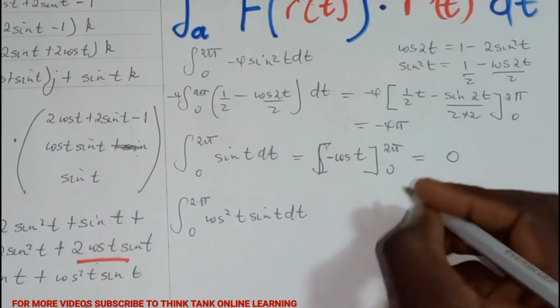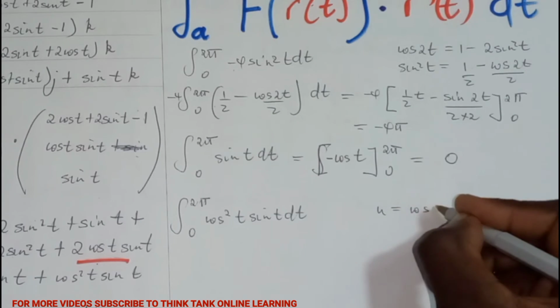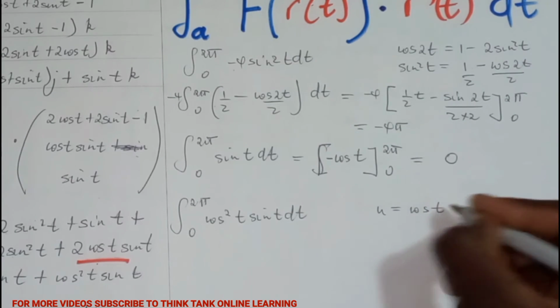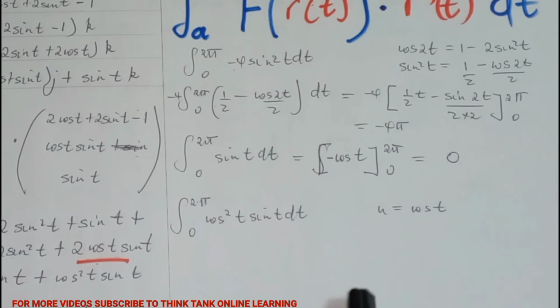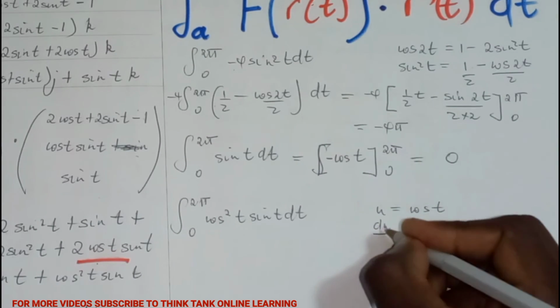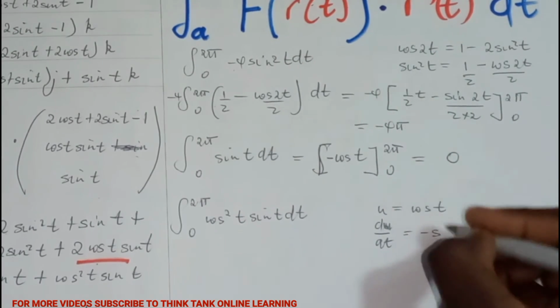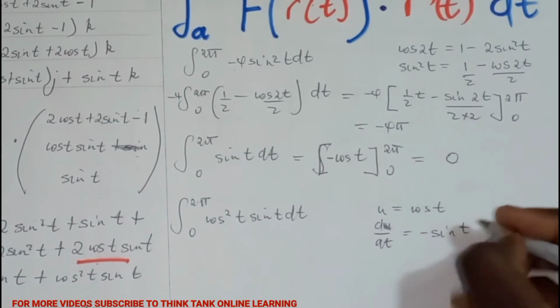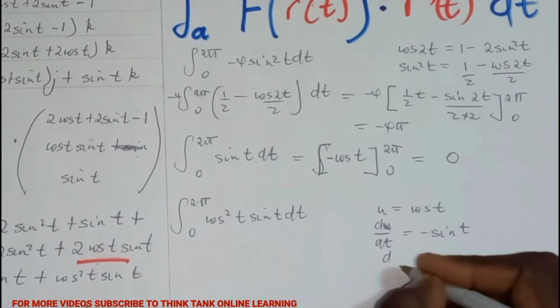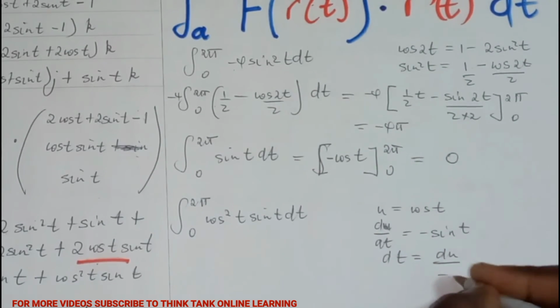So if we say u equals cos t, then du dt is negative sine t, then dt is du over negative sine t.